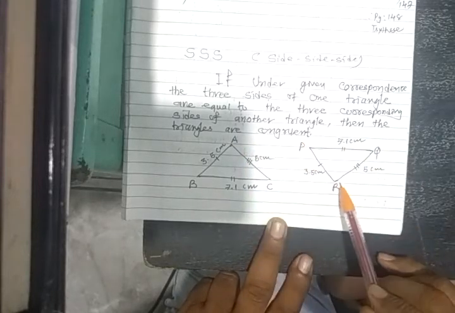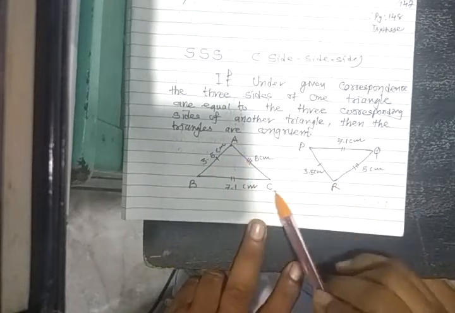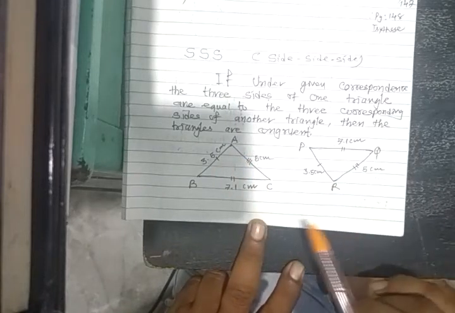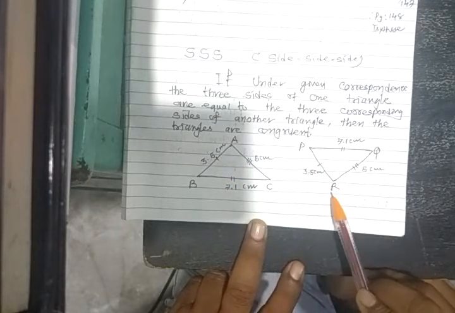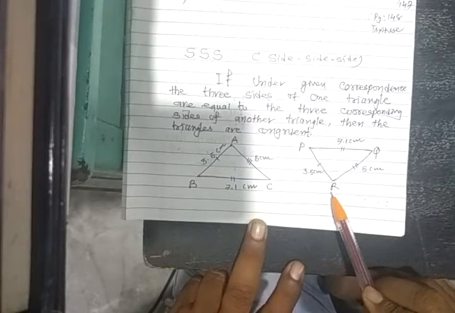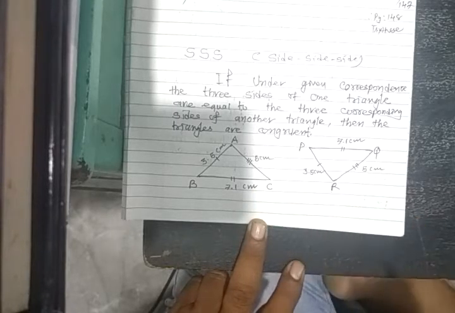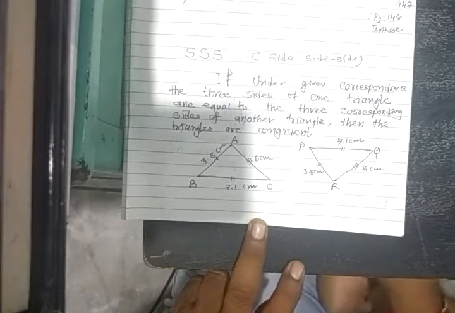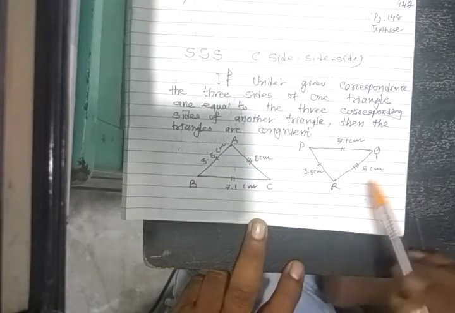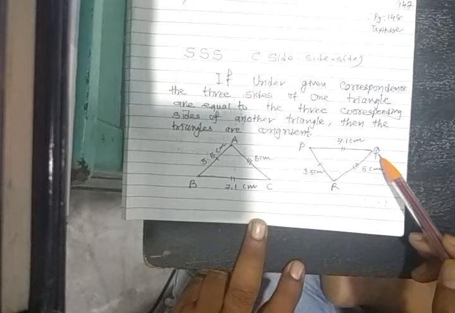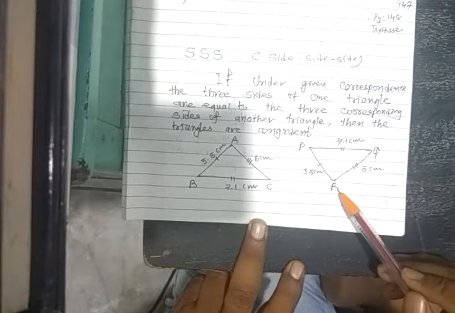Here you can see the rough figure, triangle ABC and triangle PQR. Hence AB is equal to PR, which is 3.5 centimeter. So first of all, which sides are equal, that we have to write down. Then AC corresponds to QR.